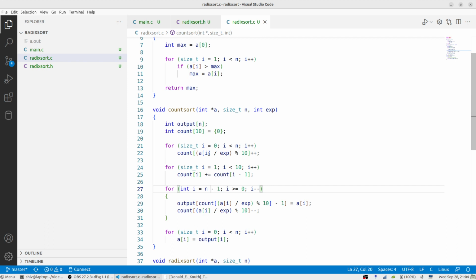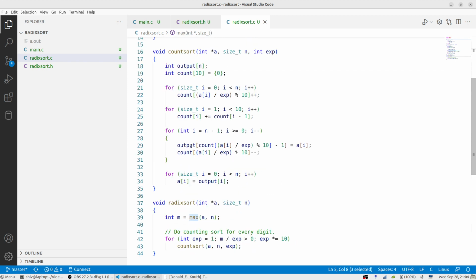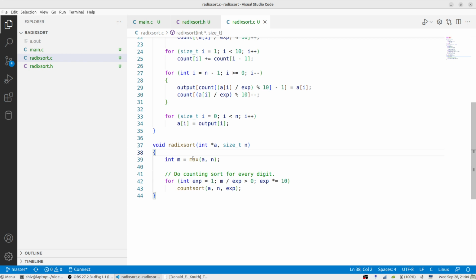Now this also makes use of a function which finds the max of an array. How Radix sort works is you find the max of the array and then you compare digit by digit. In the first case, exponent starts with 1, and as long as the greatest number divided by exponent is greater than 0, we increase the exponent by 10.